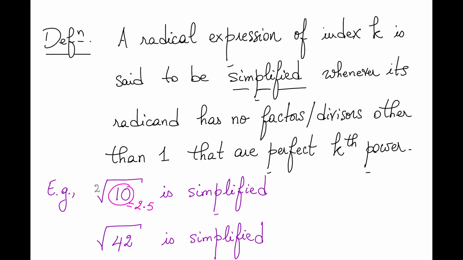So the idea is here, the square root of 10 is simplified, according to this definition, because I cannot find a factor or a divisor of 10 that is a perfect second power. What are the factors or divisors of 10? 2, obviously 1, but we're not talking about 1. 2 and 5.